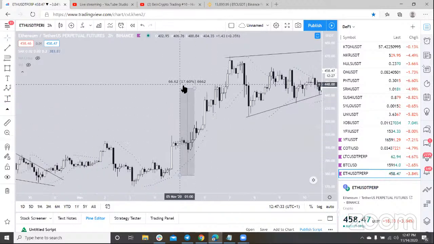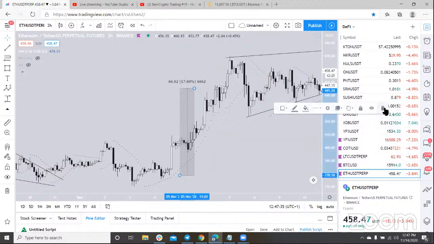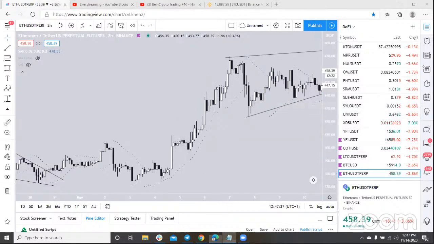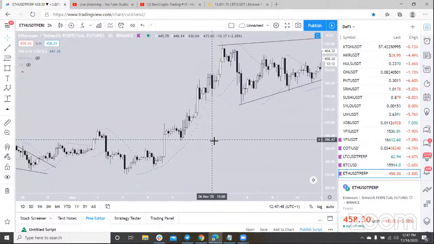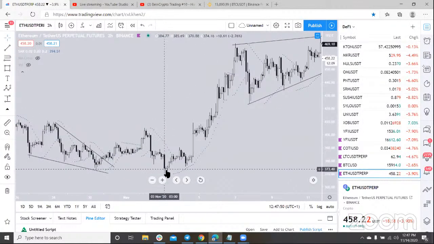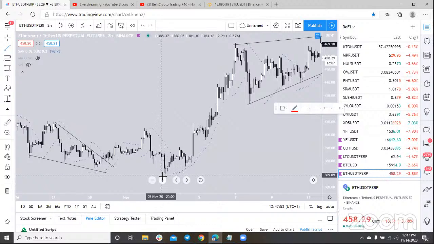Now, another thing you can do is that you can split your stop loss in 2 places. So say that one of your stops is here.